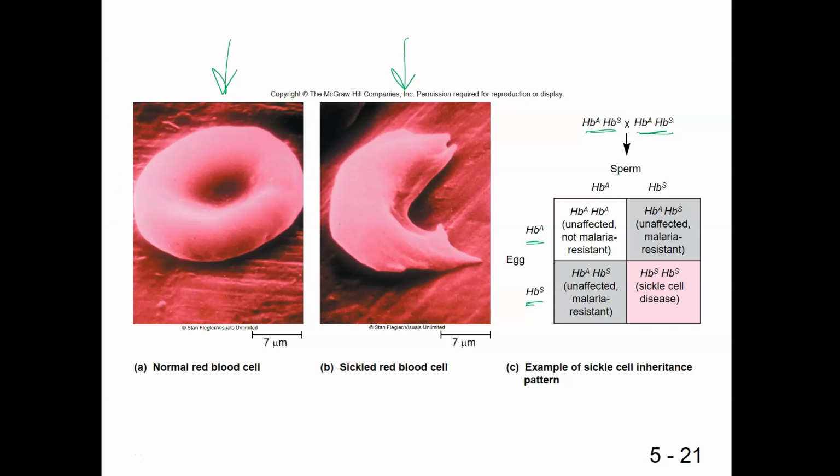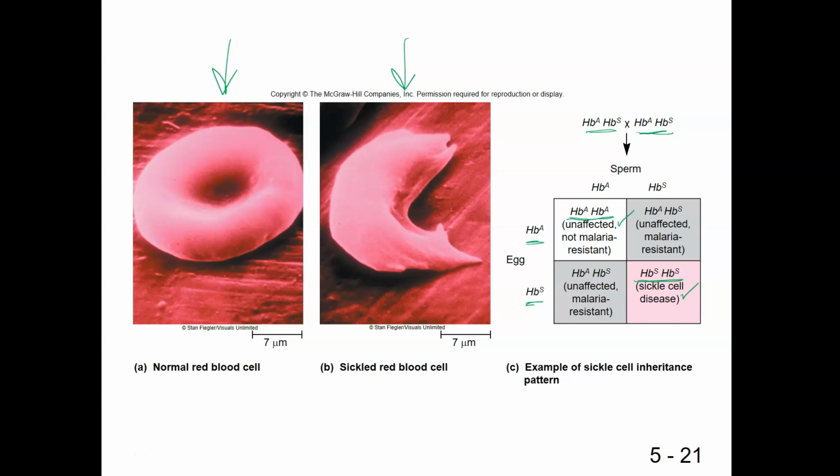Okay, they have reasonable amounts of hemoglobin. So in the four potential offspring combinations, you can end up with a homozygous dominant or a homozygous recessive. Okay, makes sense because you have two heterozygotes. In this case, you have an unaffected hemoglobin individual. This individual has sickle cell disease.